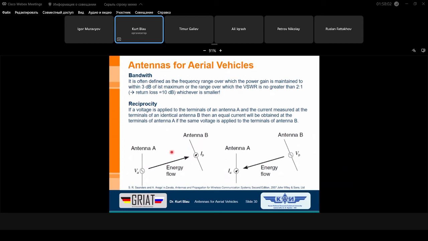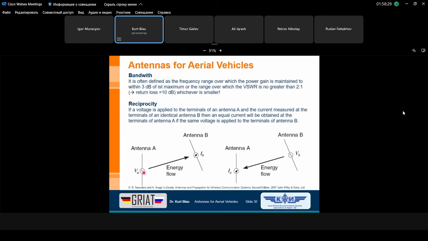It doesn't matter. The only thing you have to ensure is that this localization is held constant in this second arrangement. The localization of both antennas is held constant for both cases.